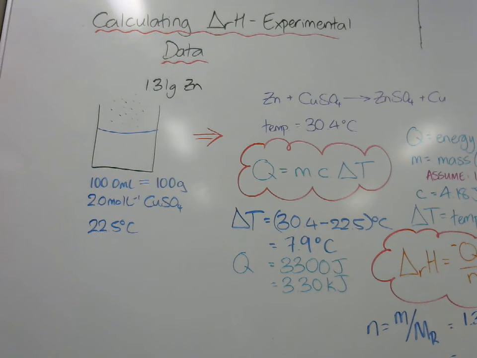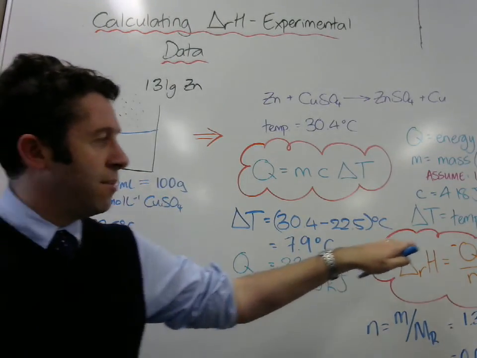To 3 significant figures, please. 1.31 over 65.4. 0.02, 3 significant figures, so 2 more numbers. 0.0200. Great. Sorry, I'm being that precise for a reason. Okay, so we need to know precisely how much. So 0.0200 moles.